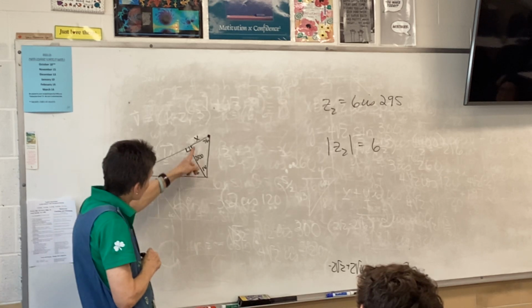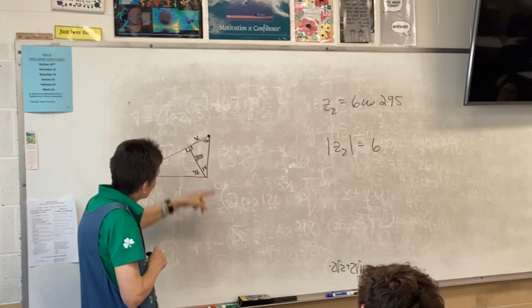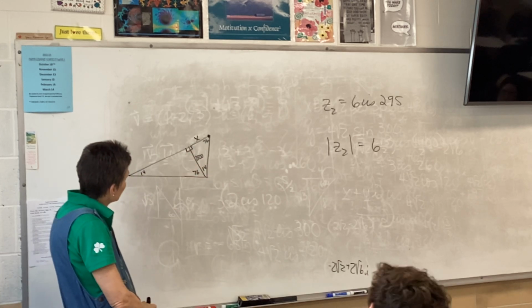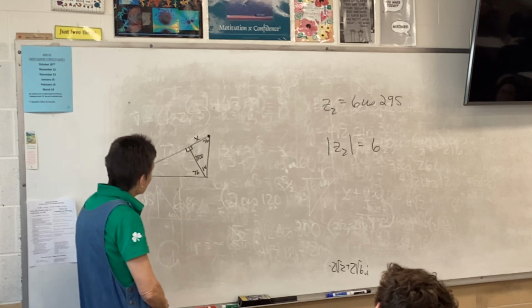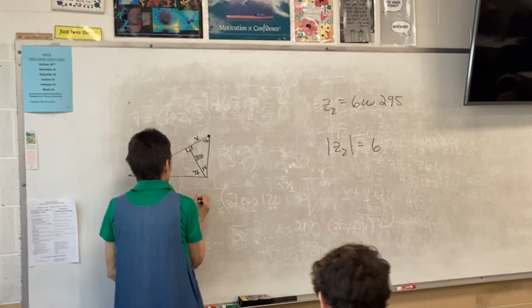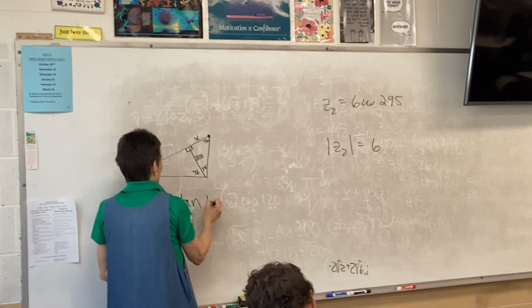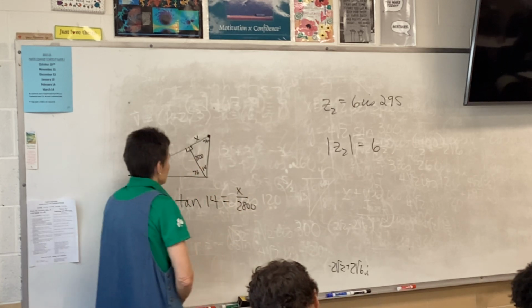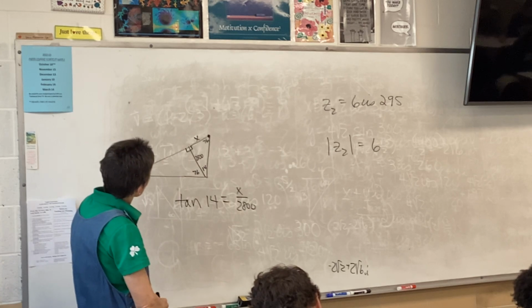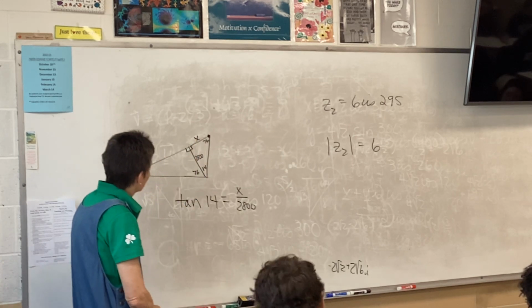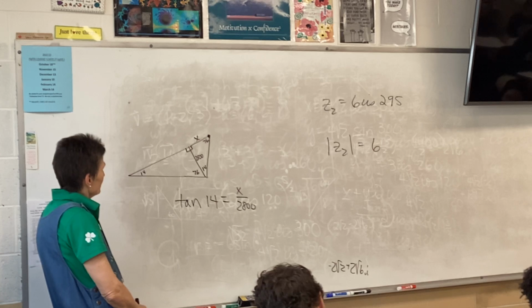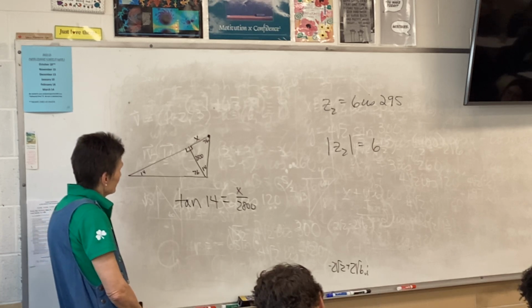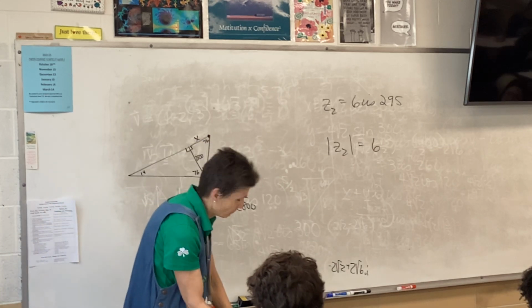Is this a right triangle right here? Could we do tangent? If we did tangent, what do you want to say, tangent? 14 equals x over 2,800? Is that right? I'm going to use a tangent.